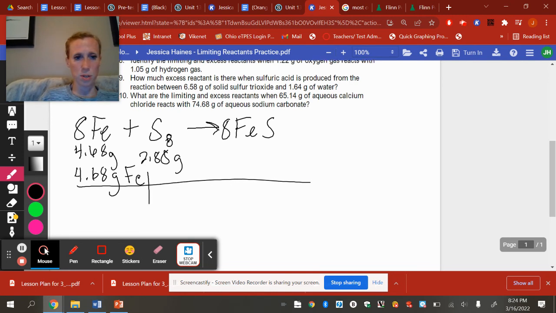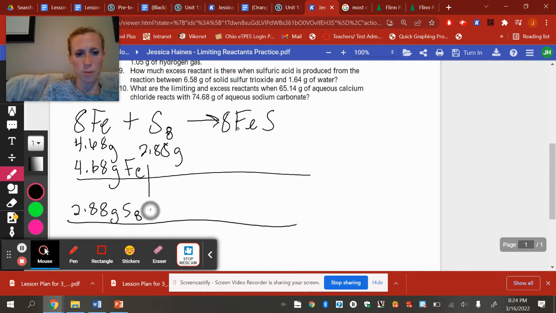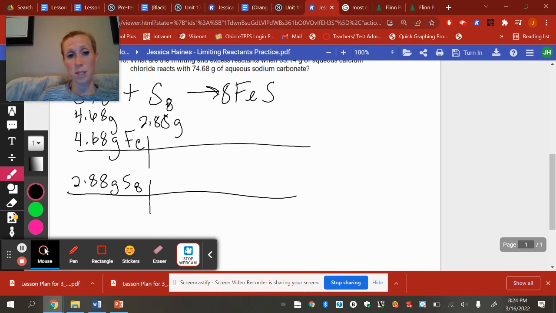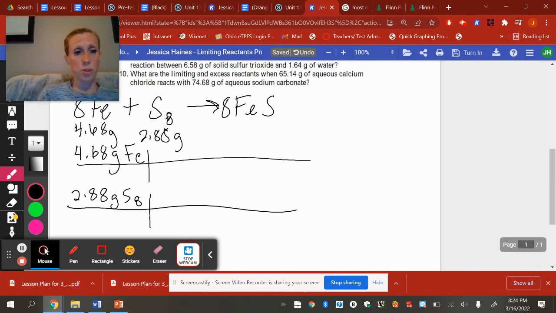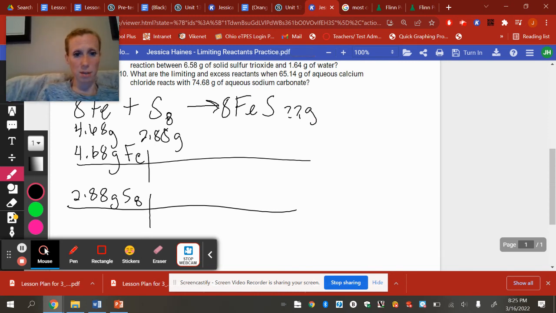And the other bridge I'm going to start with 2.88 grams of S8, build a bridge. Now, when you do these, remember you would normally just choose a product, but in this particular case, we only have one product, so I'm just going to go to grams of that one product. Again, assuming I have that right. If I don't, you fix it, okay?